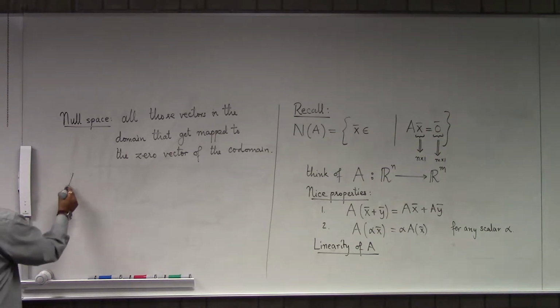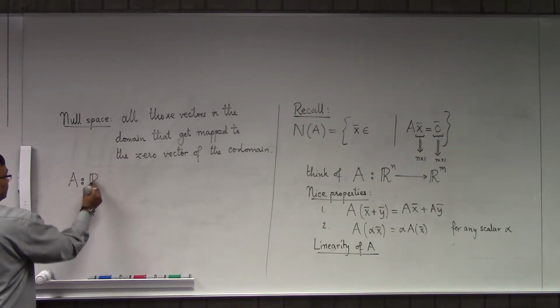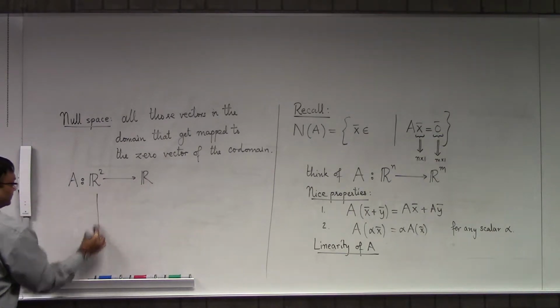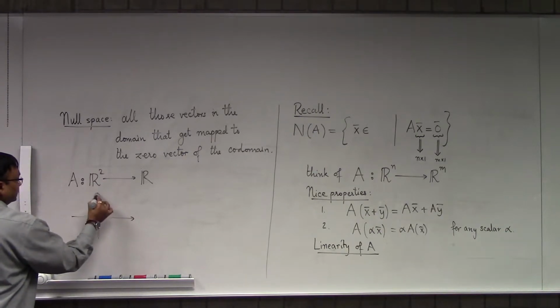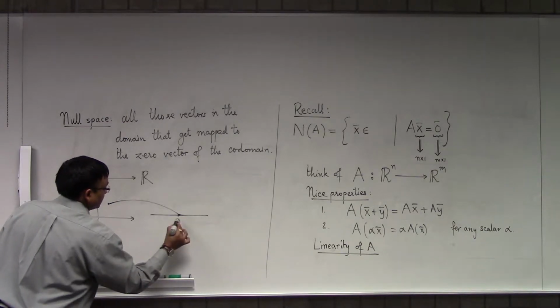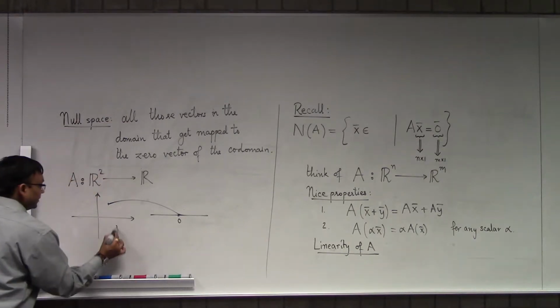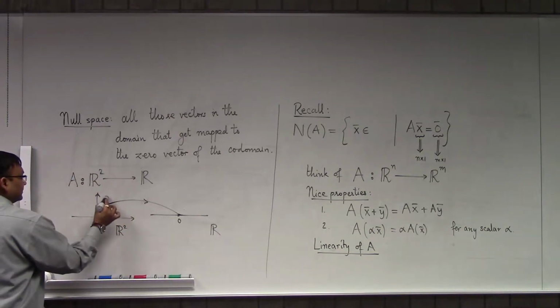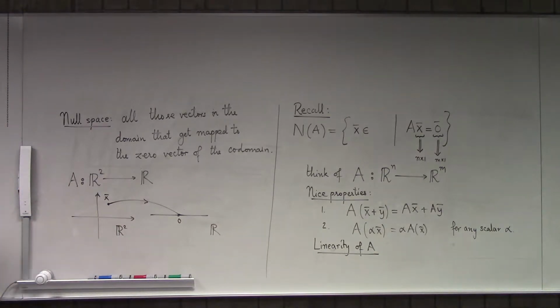So if, let us say, my function was from R2 to R, what we are saying is, what are those vectors in here which get mapped to the zero vector of R? So this is R2 and this is R. We are looking for those vectors x which get mapped to the zero vector. So in some sense we are just interested in the values at which the function takes the value 0.